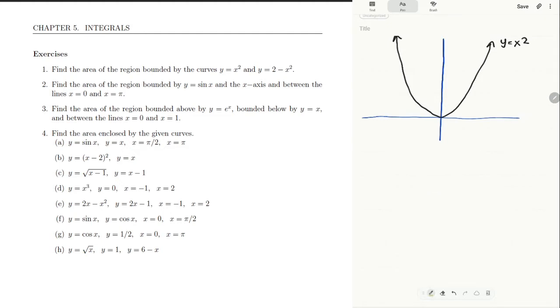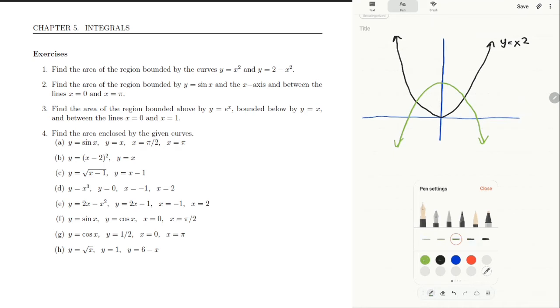And y equals 2 minus x squared is also a parabola. It will open downwards, and it has a y-intercept at 2. And so the region that's bounded between the two curves is this shaded area here.